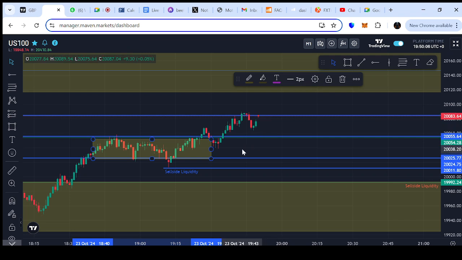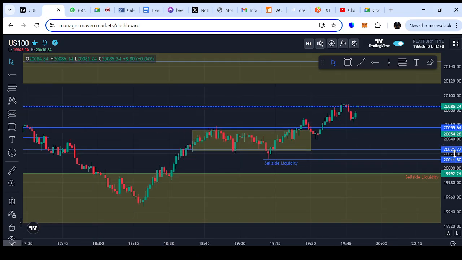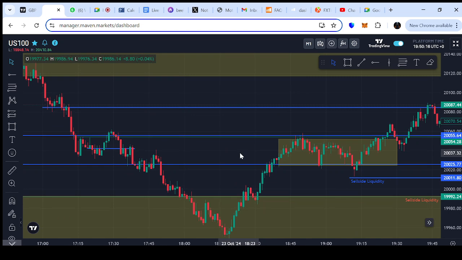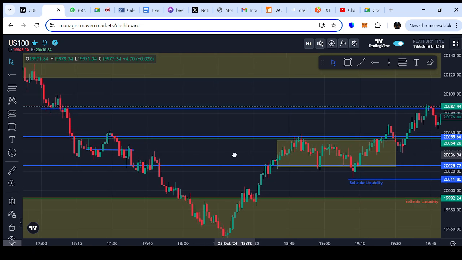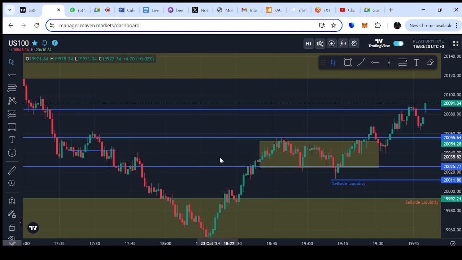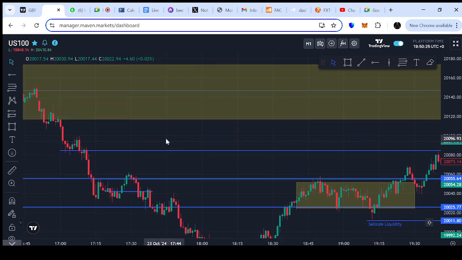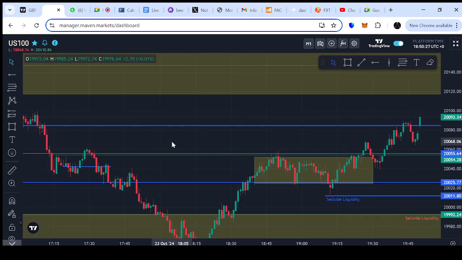Hope you are seeing how I go from daily, 4 hour, 1 hour, 15 minutes, then down to 5 minutes, 1 minute now. That's how you also, if you want to practice and see price action, do the same. You can see what price is doing.